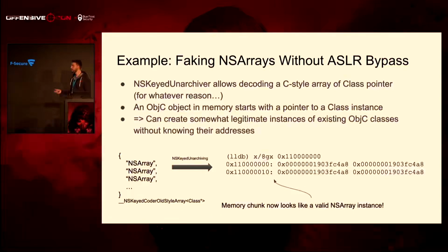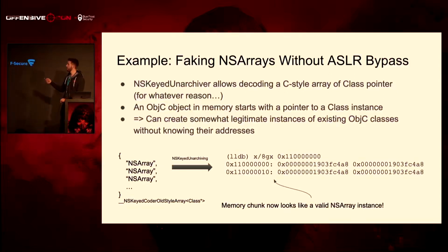But what this lets you do is create a linear array in memory with pointers to classes. And if you look at Objective-C objects, in memory an Objective-C object is just a pointer to a class, and then the fields that it has. So with that, we can suddenly create somewhat valid-looking Objective-C objects without knowing addresses.